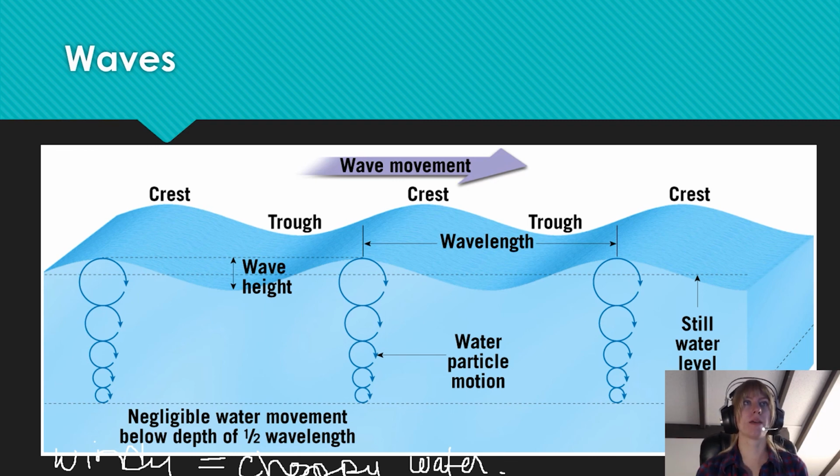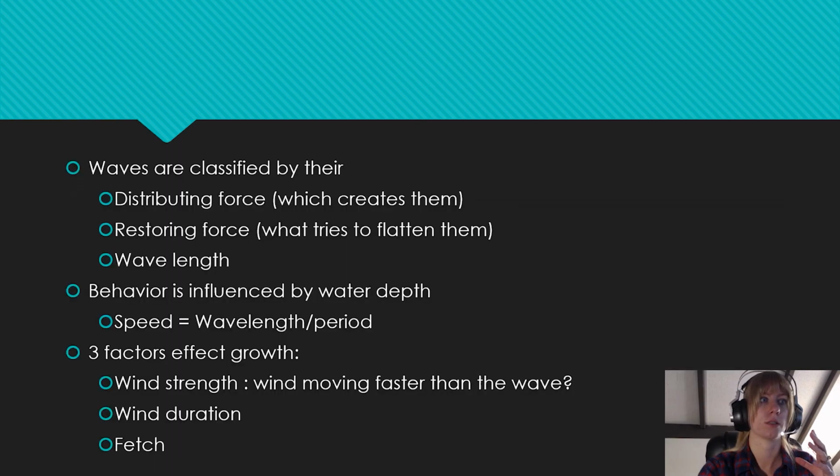Remember that waves are classified by their disturbing force, which creates them, their restoring force, which tries to flatten them, wavelength, behavior as it's influenced by water depth, and speed, which is wavelength over period. Three factors will affect their growth: the wind strength, wind duration, and fetch. Those are all very important.